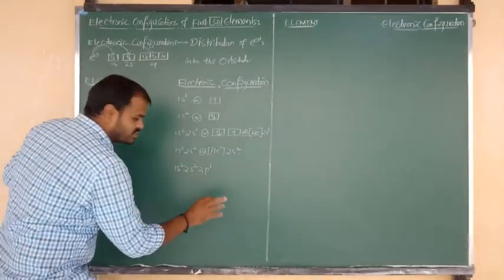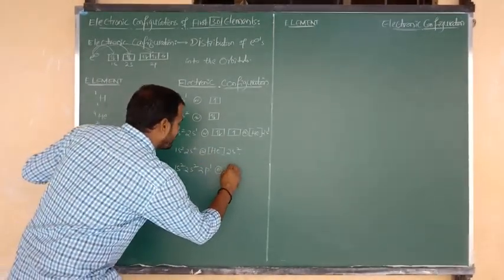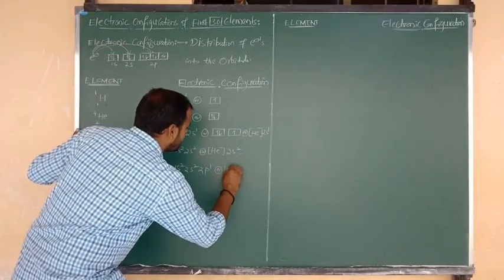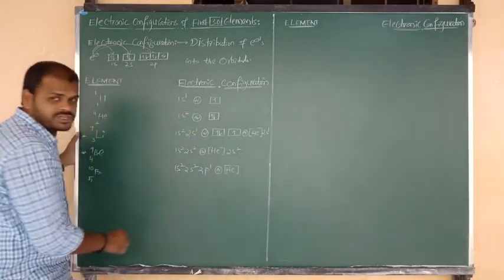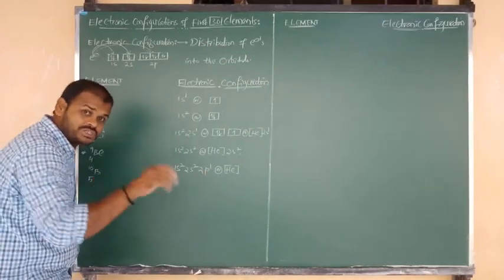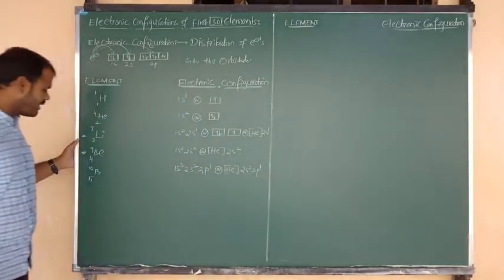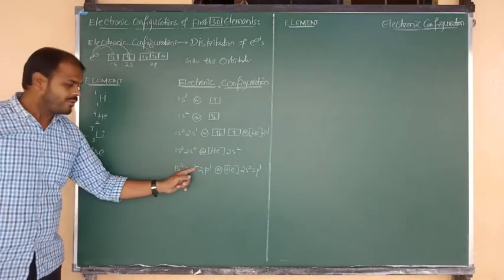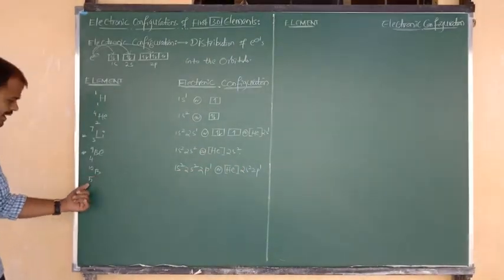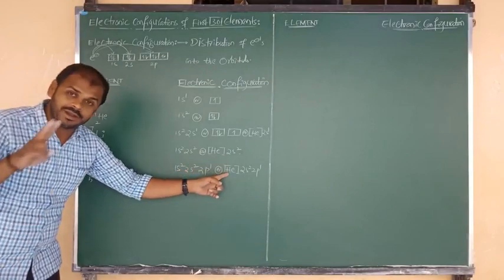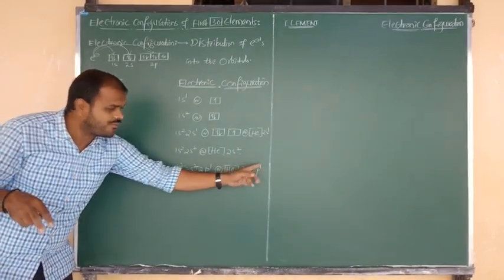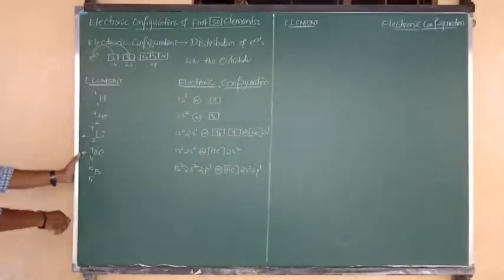So 1s2, 2s2, 2p1. Shortly, helium, which means 1s2, remaining 2s2 and 2p1. So 2 plus 2, 4, 4 plus 1, 5 electrons. Like that we have to think.